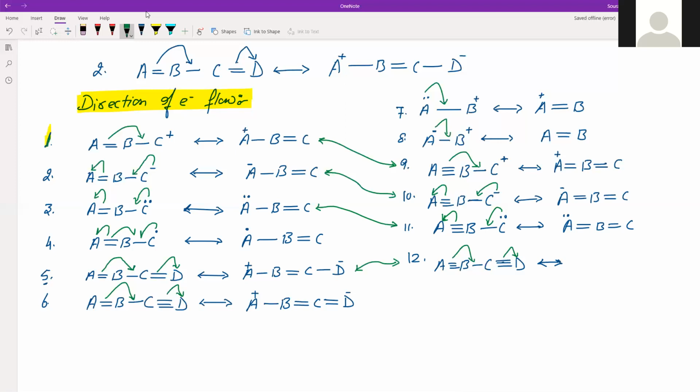These two are same. Okay, so A triple bond B, C, and C triple bond D. So now what we will get, there will be A double bond B, double bond C, and double bond D. D has gained an extra pair of electrons, so negative charge. A has lost it, so positive charge.